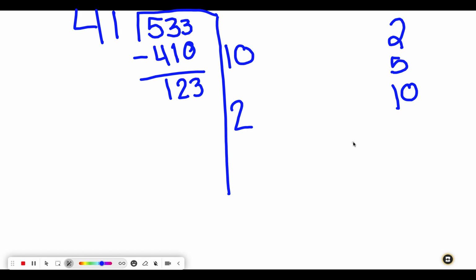Okay, and if you don't know that off the top of your head, we can just do some side work and do 41 times 2. And 2 times 1 is 2. 4 times 2 is 8. Then I'll go back over here into my division problem, and I'm going to subtract 82. Okay, 3 minus 2 is 1.